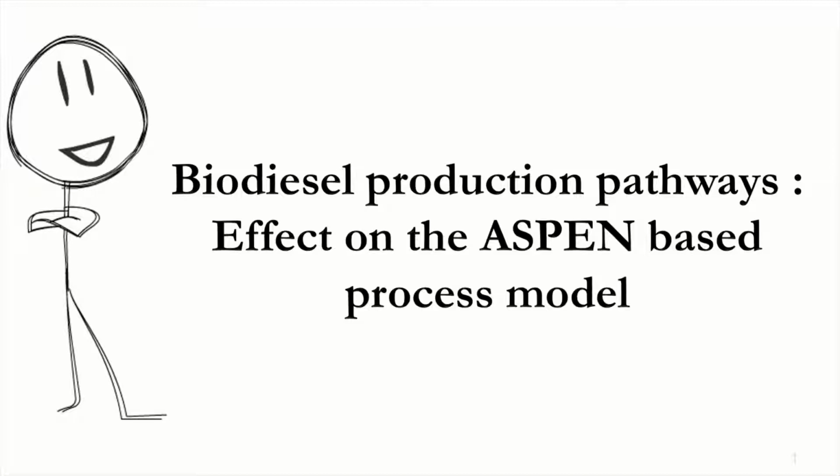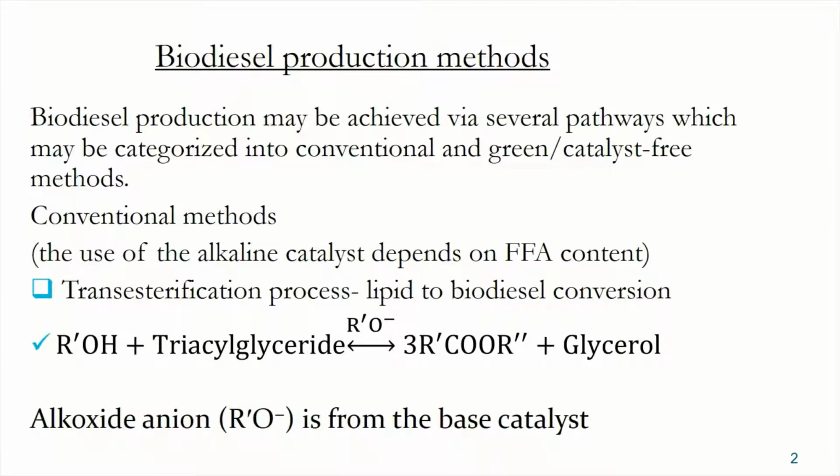Now, I'd like to reiterate that biodiesel can be produced in different ways. There are different methods to produce it. Essentially, the conventional pathway of biodiesel, also considered the alkaline catalyzed pathway, involves a transesterification reaction that incorporates the triglyceride, in this case the triolein in our model, reacting with methanol in the presence of a catalyst.